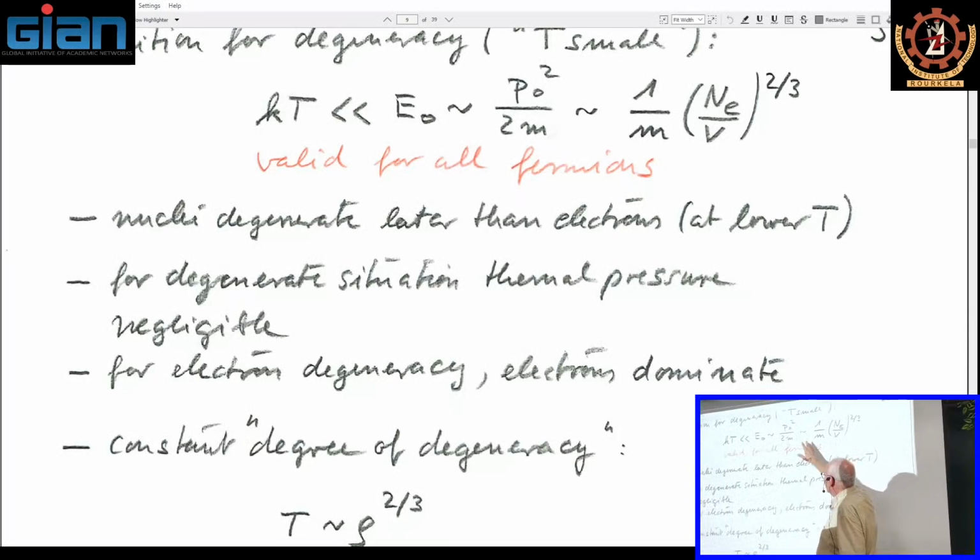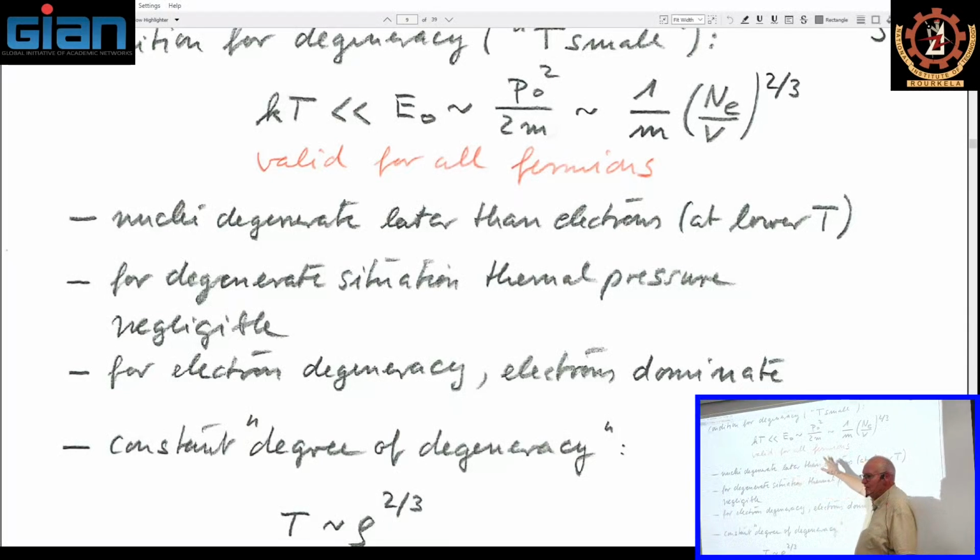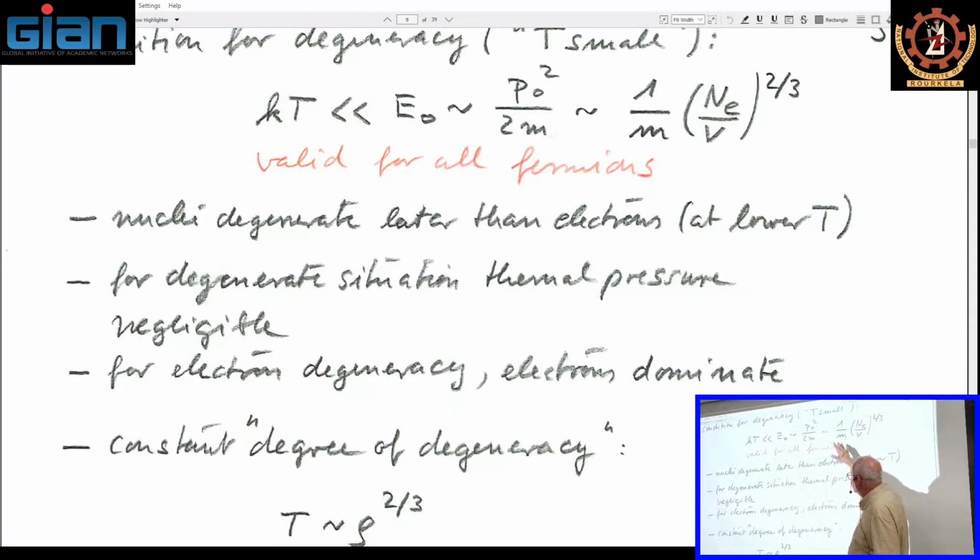All constants have been dropped, and only those quantities which are interesting have been kept. In order to get the dimensions right, you have to add some of the constants, c and whatever. For clarification, I only took those quantities which are important physically.